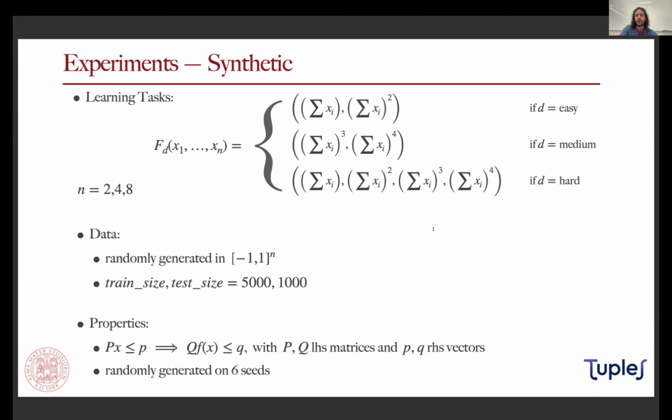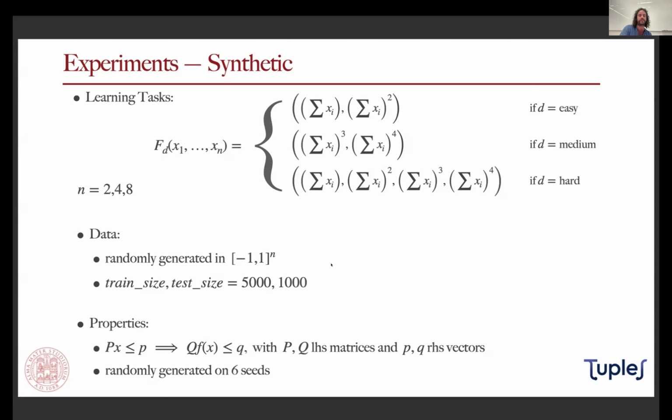So here we adopt 3 benchmarks, okay? So we start with a synthetic benchmark. What does it mean, synthetic? We design a learning task which is purely synthetic, okay? So we design 9 learning tasks for different input dimensions and for different task difficulties, okay? So our learning task, in each case, is a mathematical function of this form. Okay, it's completely synthetic. We randomly generate the data, we enforce linear properties.